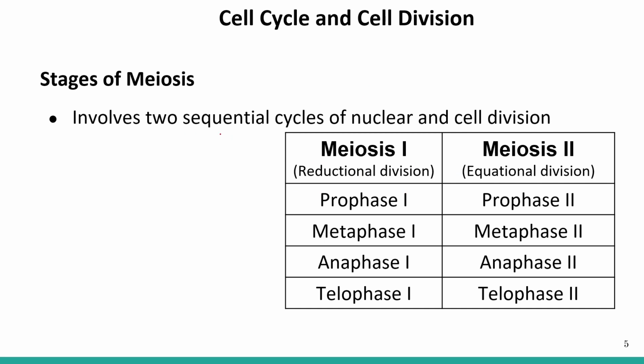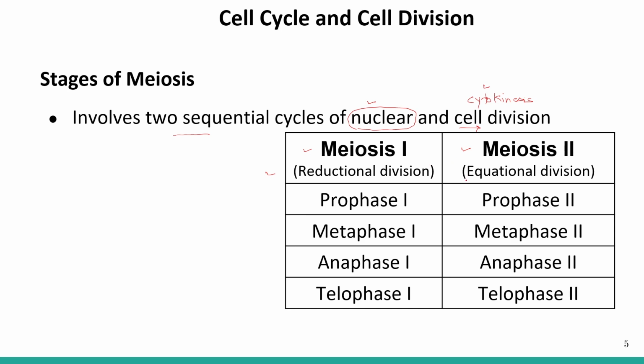Now let's study the stages of meiosis. Meiosis involves two sequential cycles of nuclear division and cell division, or cytokinesis. So nuclear division takes place 2 times, as well as cytokinesis. We can divide meiosis into meiosis 1 and meiosis 2. Meiosis 1 is the actual reduction phase, in which the reduction of chromosomes takes place and haploid cells are produced.